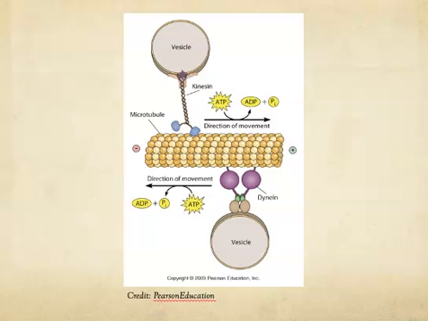Now, on this slide, we're looking at a drawing of a kinesin motor protein and a dynein motor protein. Both of them are carrying cargo, and they are situated on top of a microtubule. So here's our microtubule, and you've seen these types of drawings before.